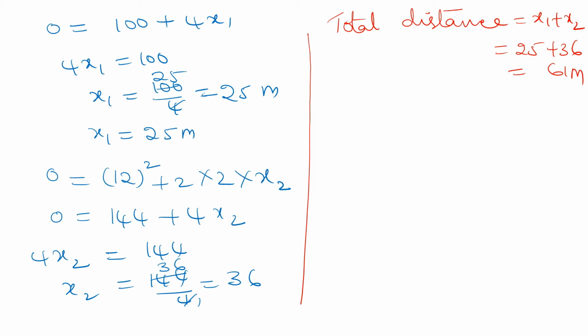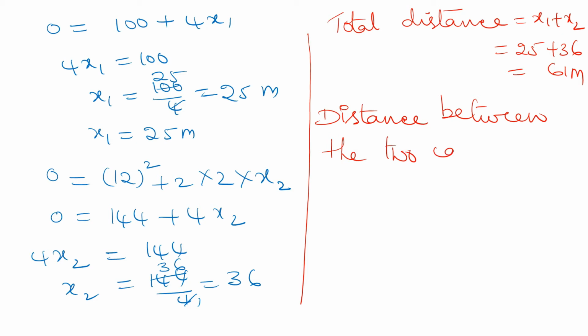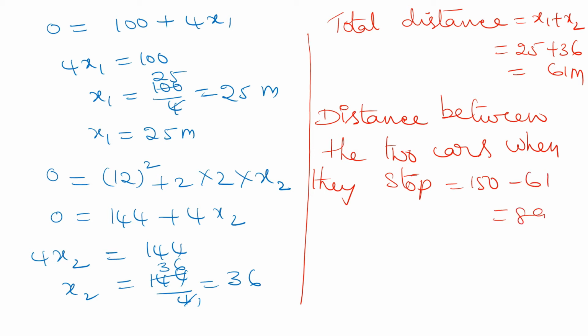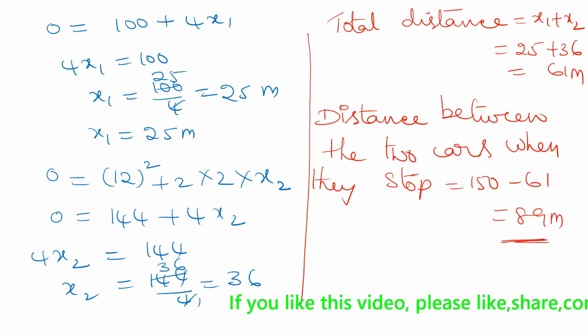Distance between the two cars when they stop is 150 minus 61. So we are getting 89 meters. Okay. Next we will go to the next question.